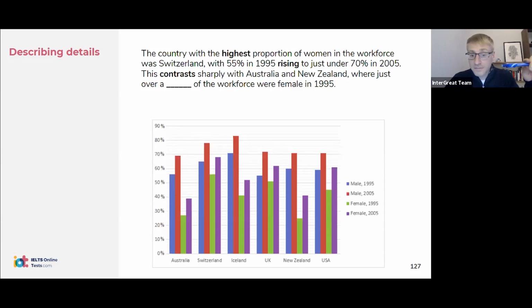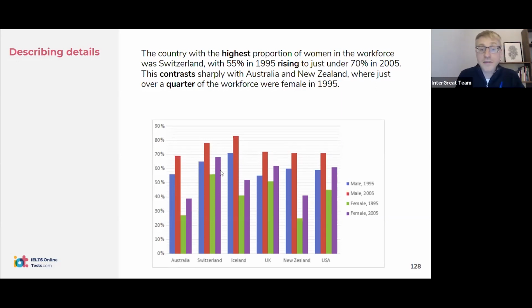That's right, Semal. Contrast here is a verb. In contrast is a conjunction. So it's the same word, but we're using it in a different way. And that shows variety in your language. Good. Just over a third, 26%.